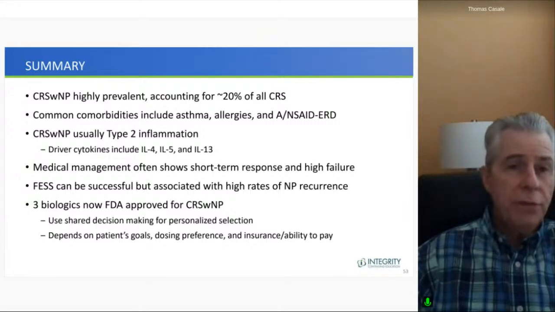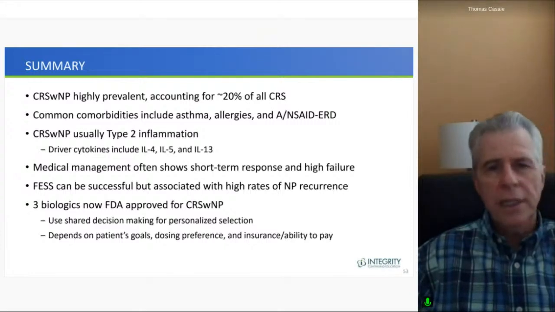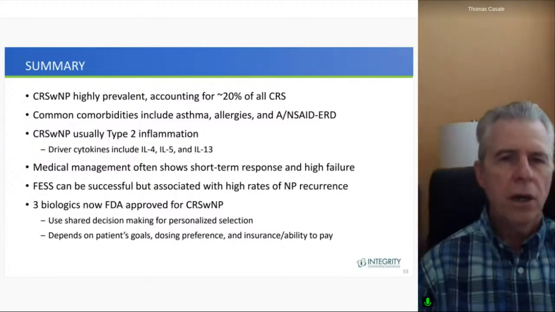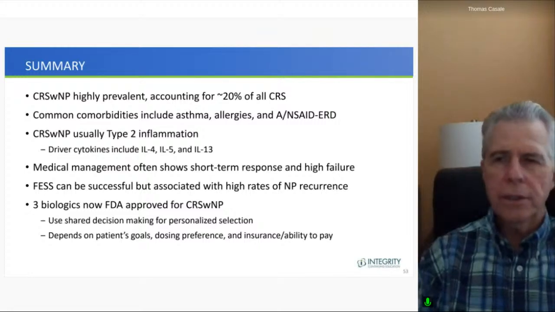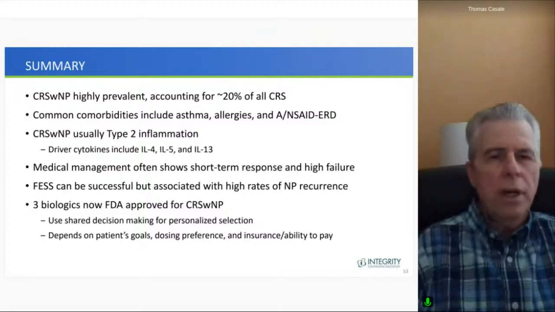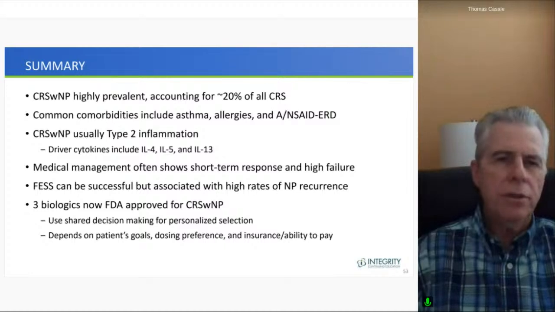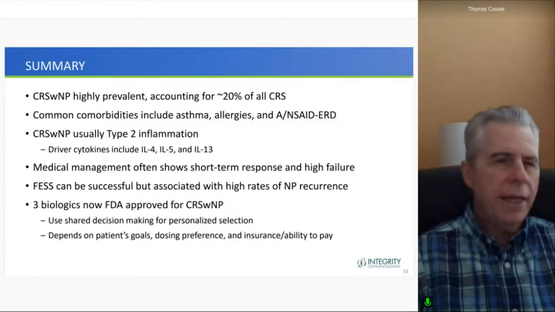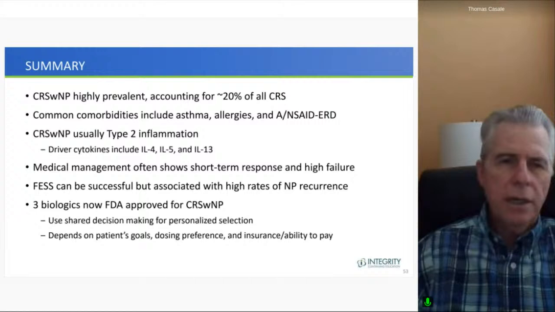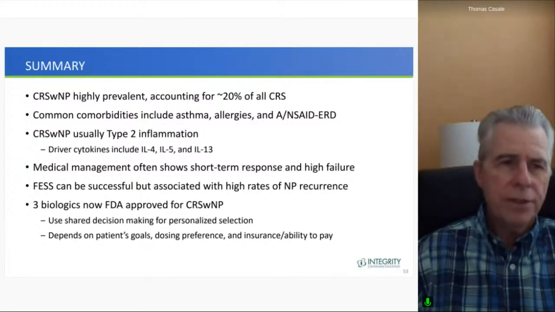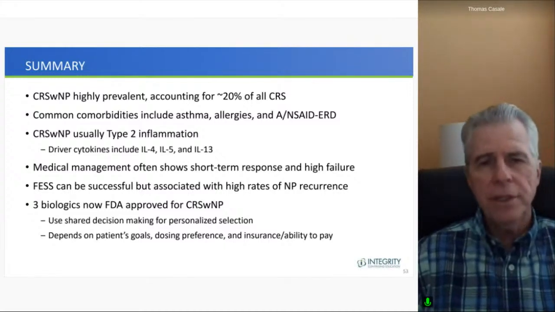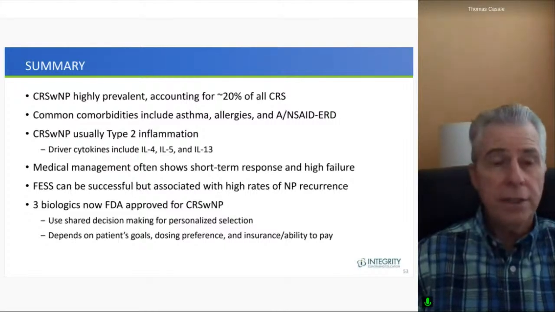It's usually a type 2 inflammation with the key cytokines of IL-4, IL-5, and IL-13, although we're not yet sure of the potential role of those alarmins, which we think could be important. And it's very likely that you'll see clinical trials published in the near future looking at monoclonal antibodies that block the alarmins. They have been shown to be effective, at least blocking TSLP in patients with severe asthma.